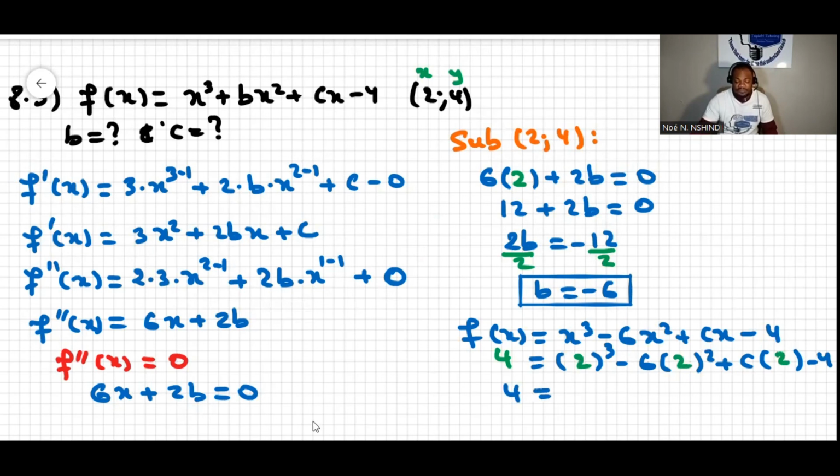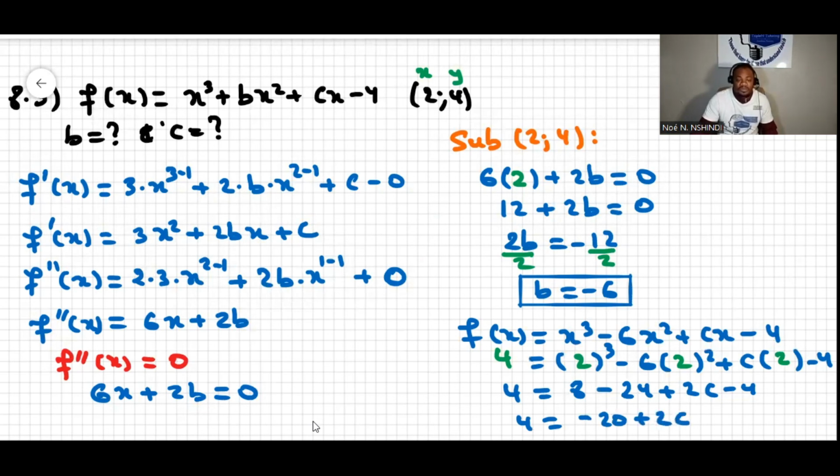We can use a calculator for this. This is 8 minus 4 times 6, negative 24, plus 2c minus 4. And then this makes 4 equal to, 8 minus 24 is negative 16, negative 16 minus 4 is negative 20. So this makes negative 20 plus 2c.